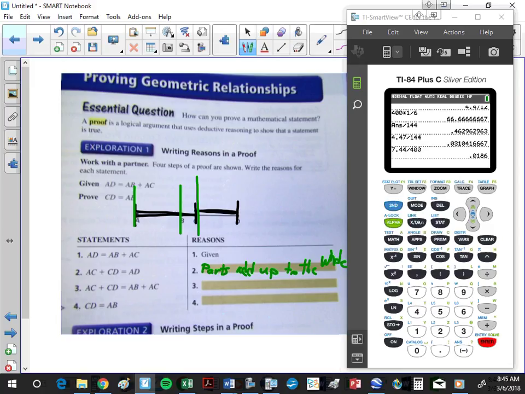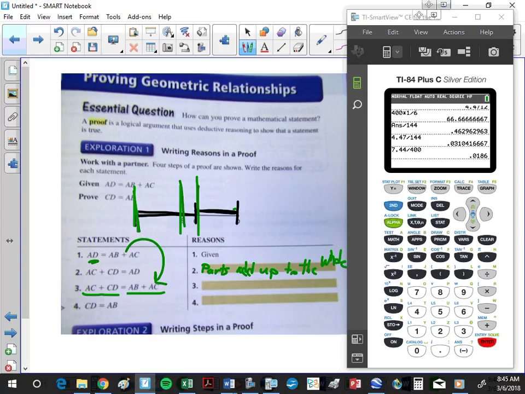What's that? Right, so this right here is the whole length. Okay, so the whole length is AB plus AC. That came from the given. So all we did was substitute. So my given says AD from here to here is equal to that plus this.